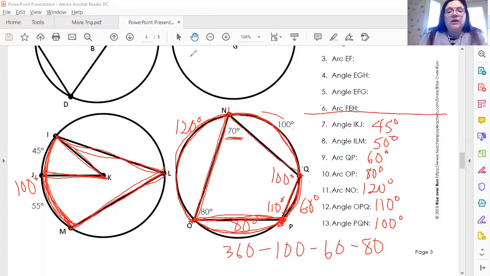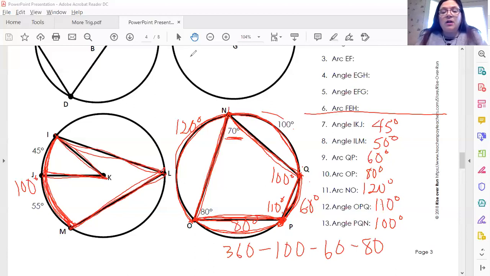And a quick check, what kind of quadrilateral do we have here? NOPQ. Well, it's no special kind of quadrilateral. It's just a quadrilateral.